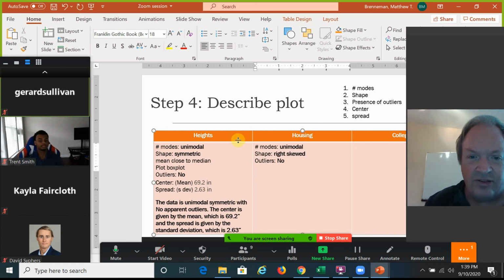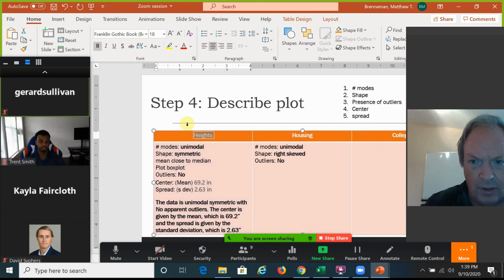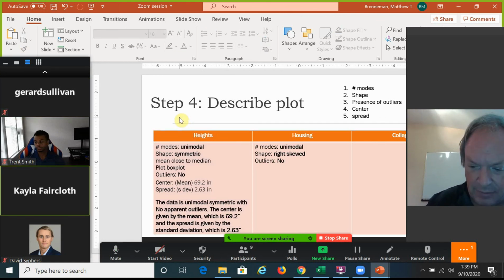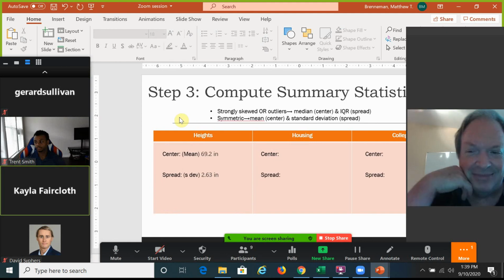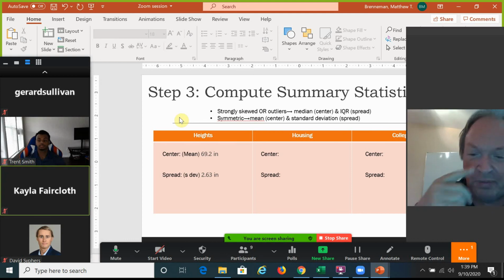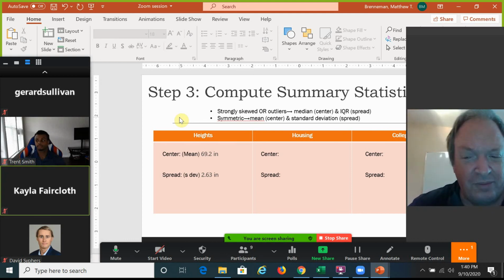Okay, center and spread. Last two things we need here. Professor, I have a question. When I did the summary statistics on it, I clicked the mode just for fun, and it comes up as multiple modes. That's right. And the reason why is, it's a stupid reason, and this is why we don't use the mode.